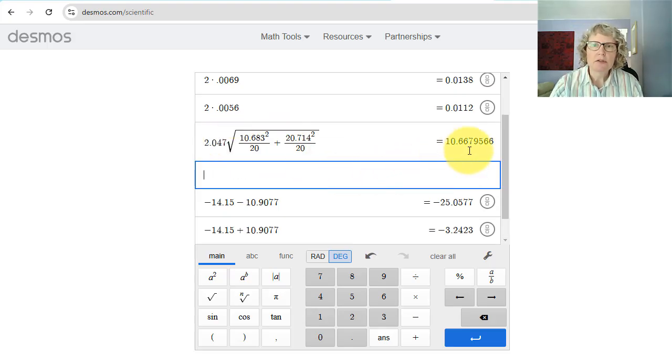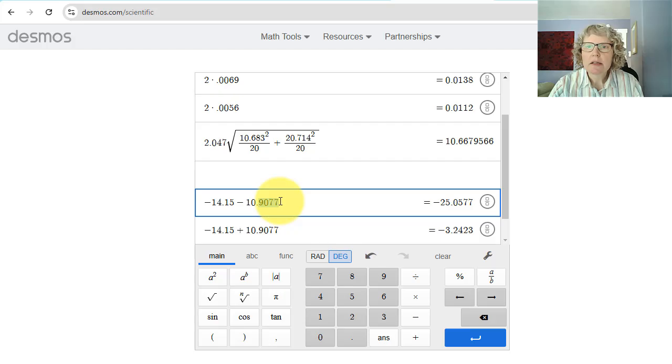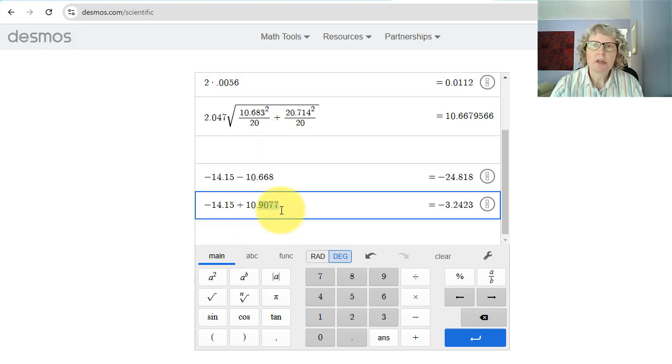And that changes the margin of error a little bit, right? So it changes it to 10.668. Okay, so what it does is it's giving you a little narrower interval.